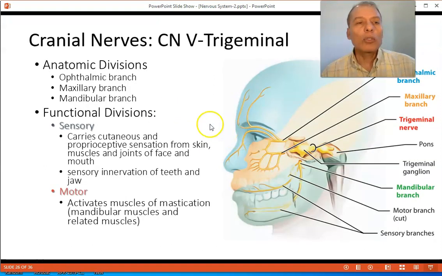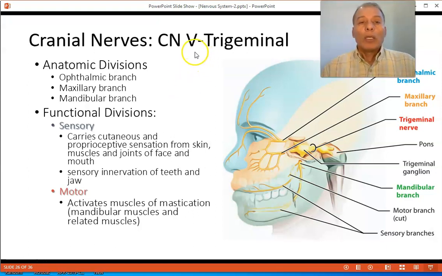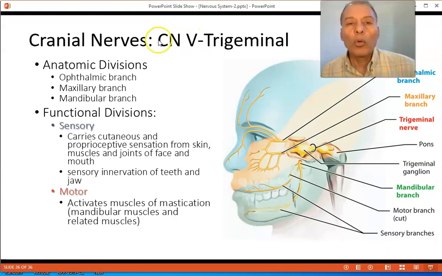We are going to focus a lot on what comes next. From this point on, you need to know the details, and you should go to your textbook to find out more. Cranial nerve 5, and then 7, and from 7 all the way to 12.